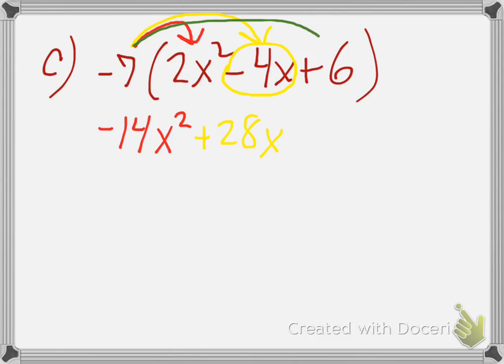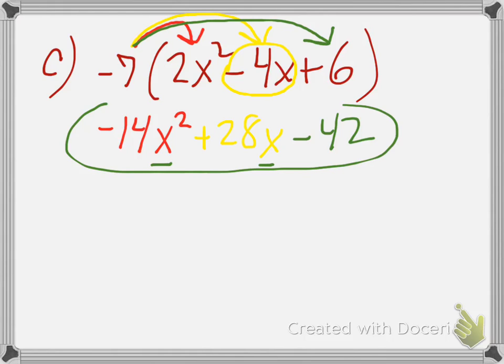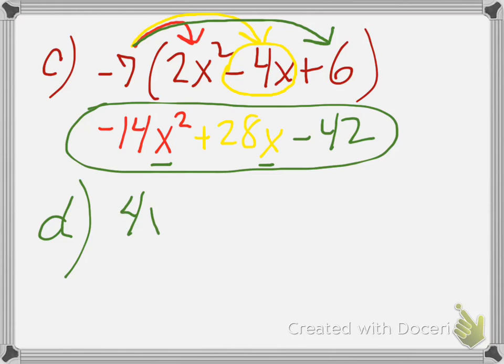And then the last one, negative 7 times 6 is negative 42. So you can see now that we have an x squared, we have an x, and we have a number without the variable, and so they're all different. So nothing's alike, so we know that we're done. Always check, because some problems you'll end up using the distributive property, and then there'll be like terms at the end that you need to then combine. So you just want to always look for that.